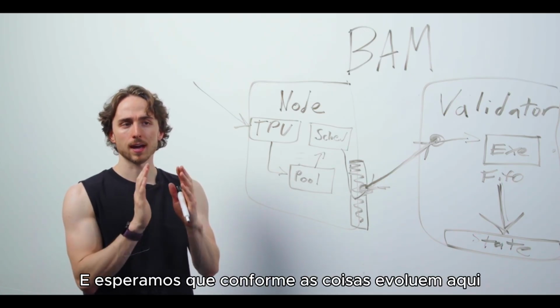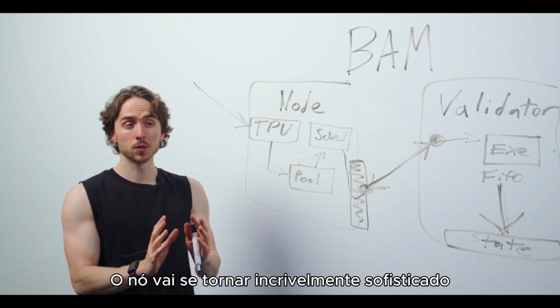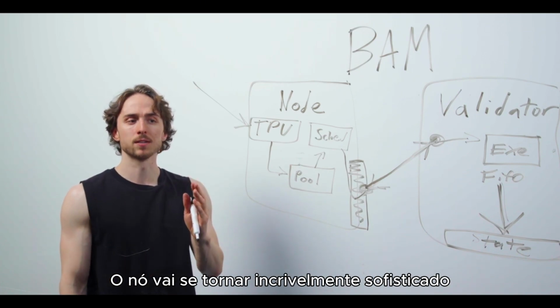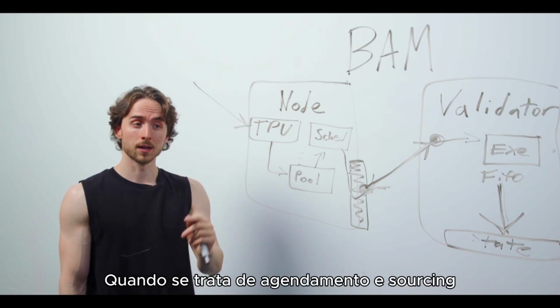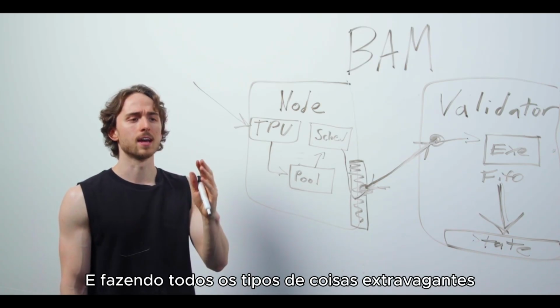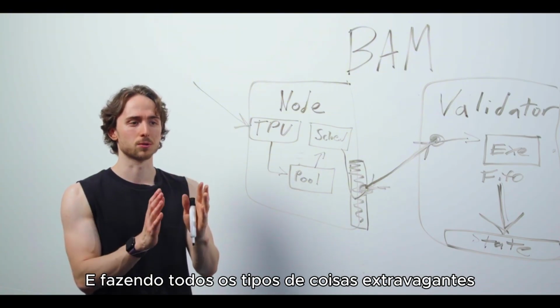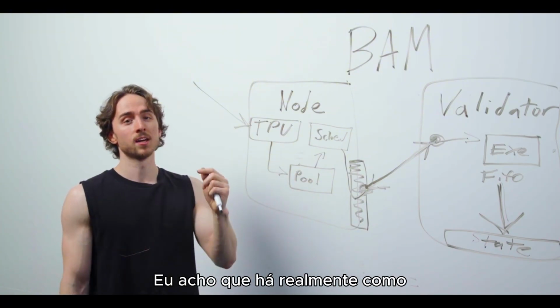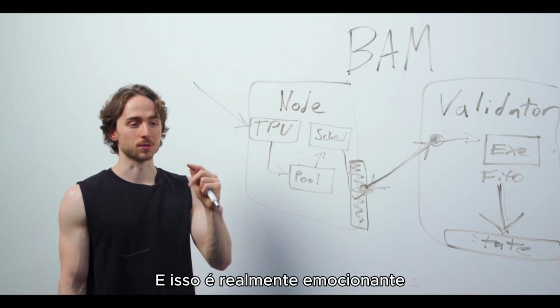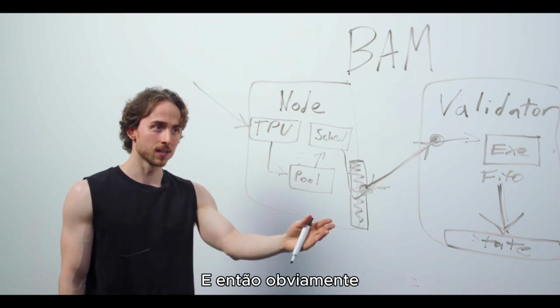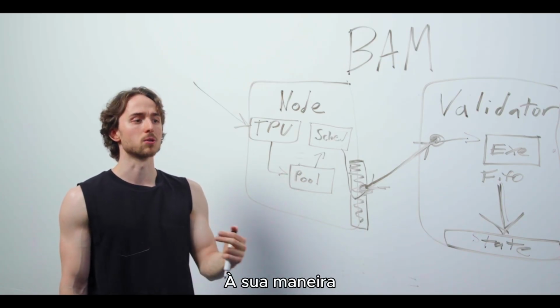And we hope that as things evolve here, the node is going to become incredibly sophisticated when it comes to scheduling and sourcing and doing all sorts of fancy stuff. I think we're just at the cusp of what is possible. And so that's really exciting. And then obviously the validator will become more sophisticated in its own way.